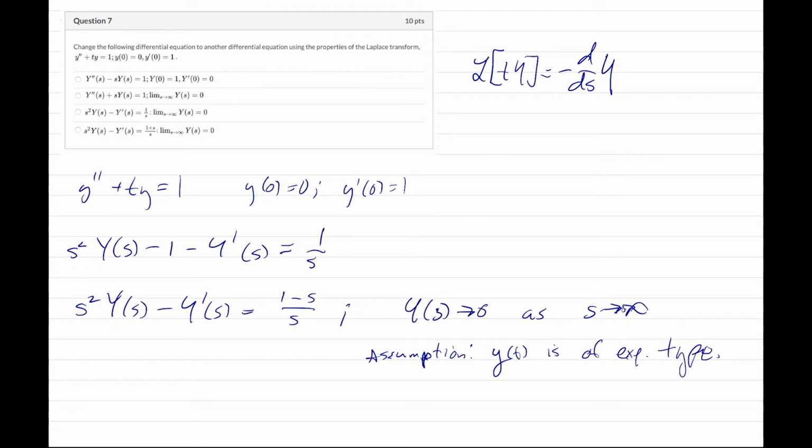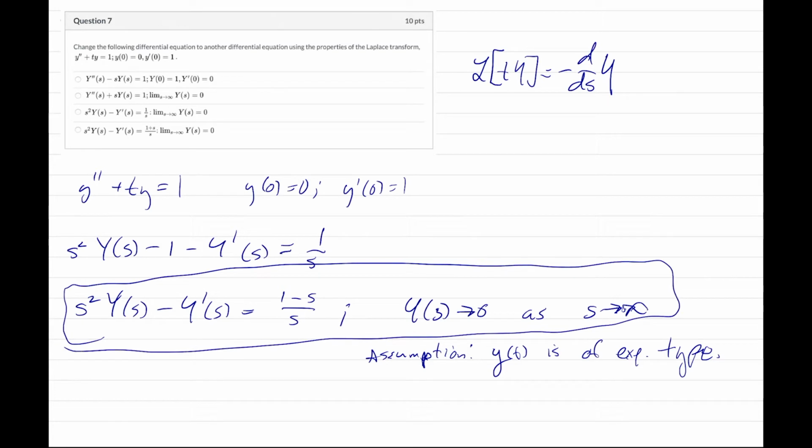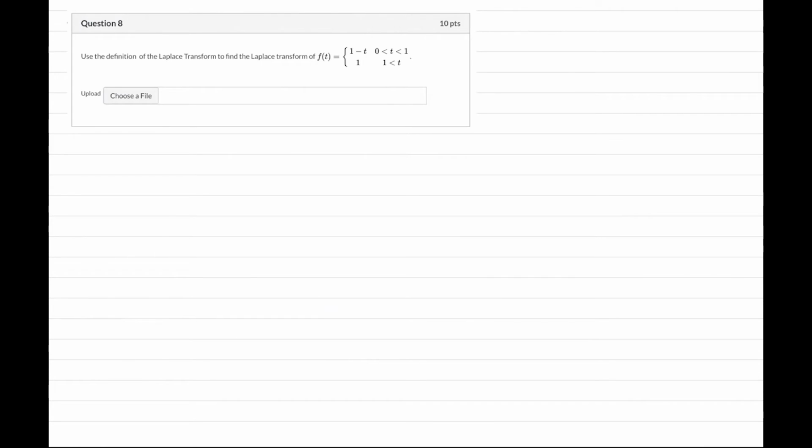All right, just an assumption we make on top of this, and so this all together gives us our new differential equation. And that shouldn't have been, that should be a plus there, sorry. We're moving a minus 1 over s to a plus 1. And so ultimately, that gives us this guy.